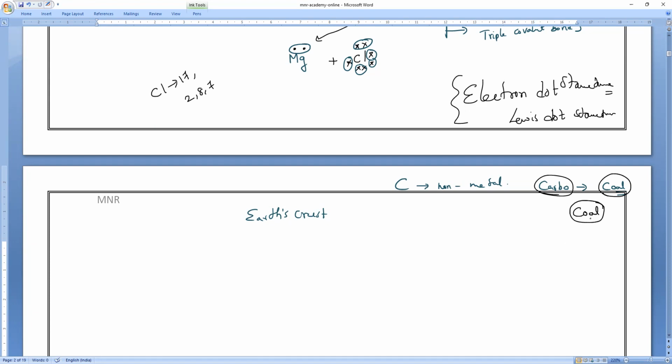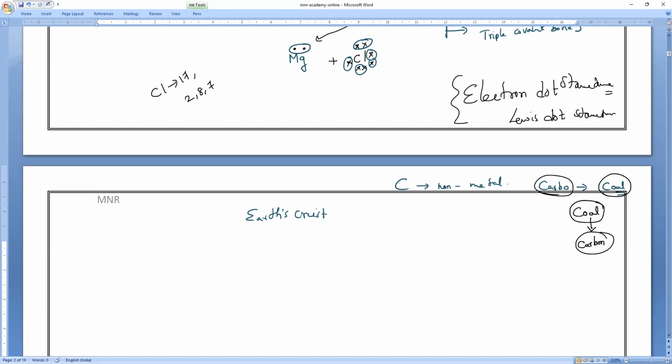Anybody can tell? All of you, carbon. So that is why it has been chosen as carbon. So carbon is a non-metal which has been taken from the Latin word carbo.